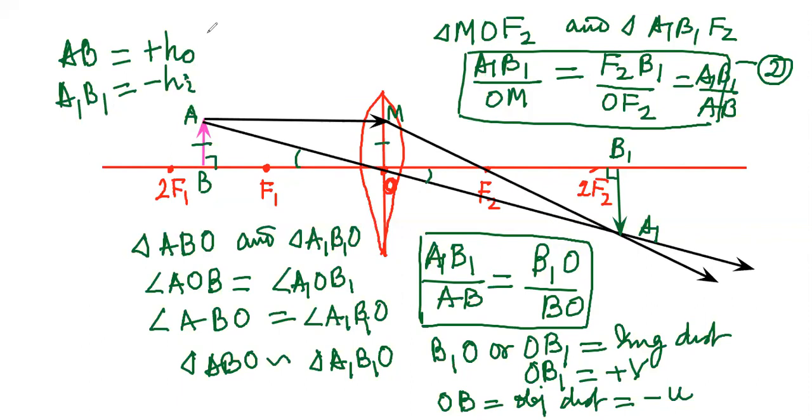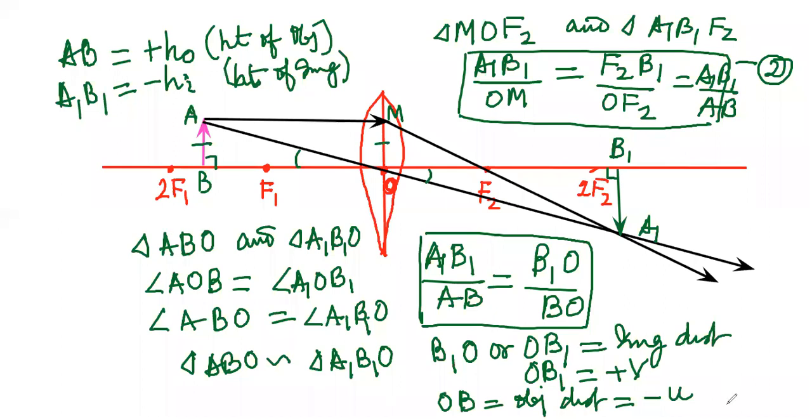HO refers to the height of the object, and HI refers to the height of the image.